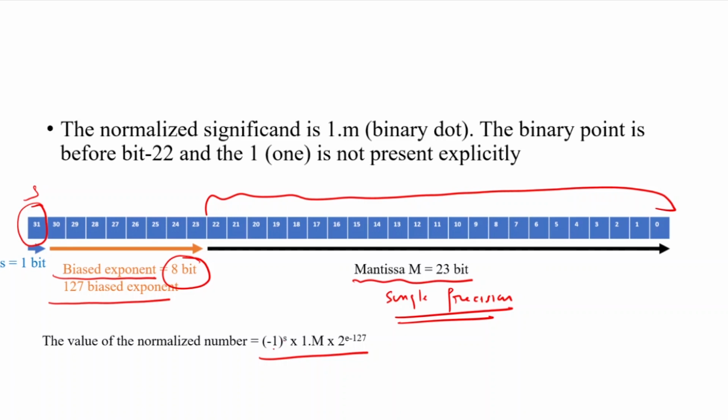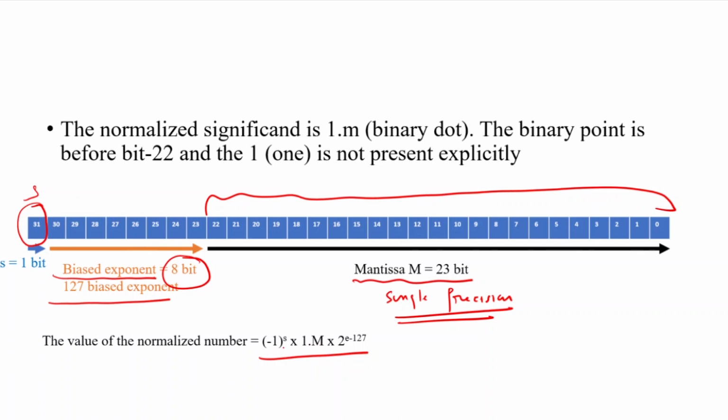Since we use implicit normalization, the leading 1 is not stored, and the rest, m, is used. So this is multiplied by 1.m multiplied by 2 to the power of the biased exponent minus 127, since we added a bias of 127 in the 8-bit format.